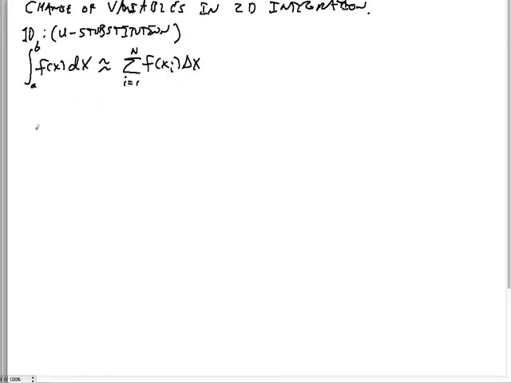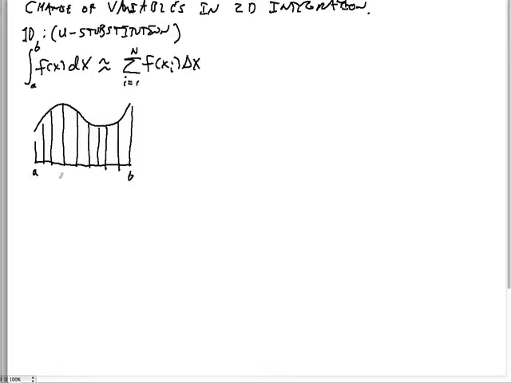And we want to think of this as some function over some interval a to b, and we've broken it up into these partitions, delta x. And there's our x_i, and there's the f of x_i right there.